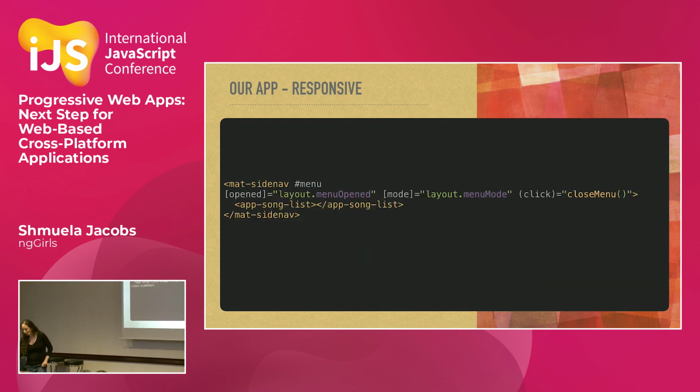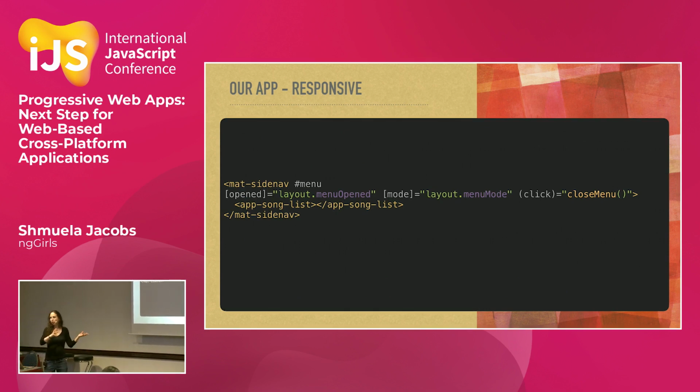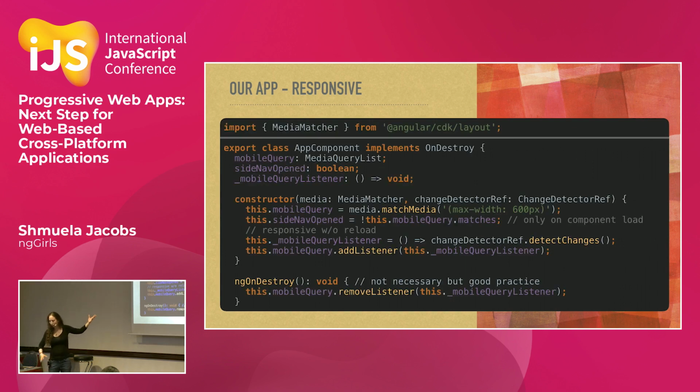Okay, so we made it responsive. We ask the media query what the screen size is. We then decide whether we want the side nav opened, for example, and what type of side nav we want, whether it has a backdrop or not.